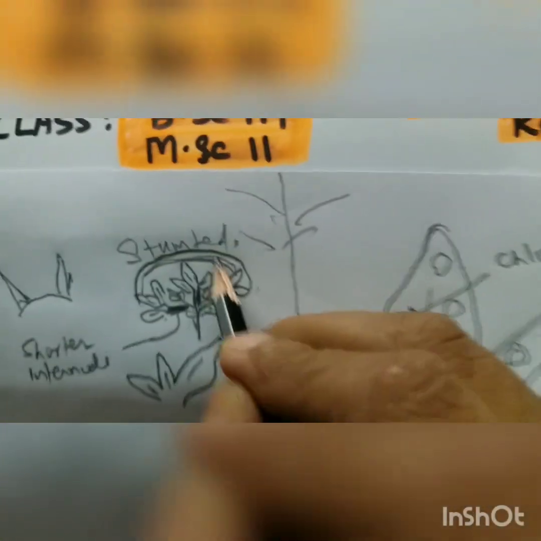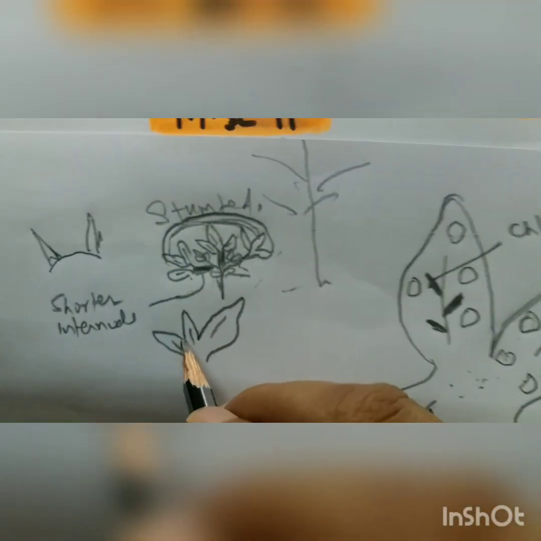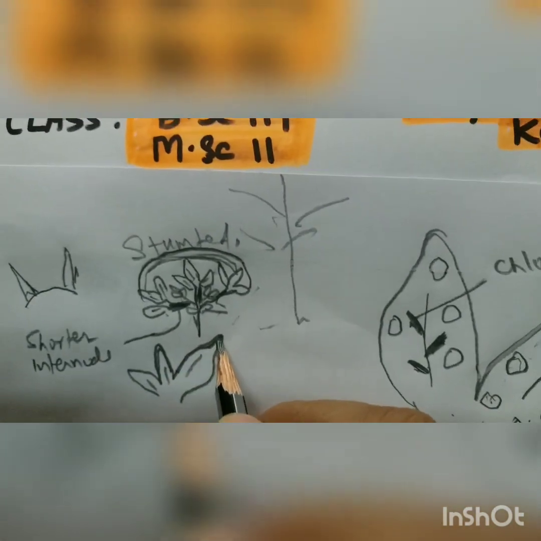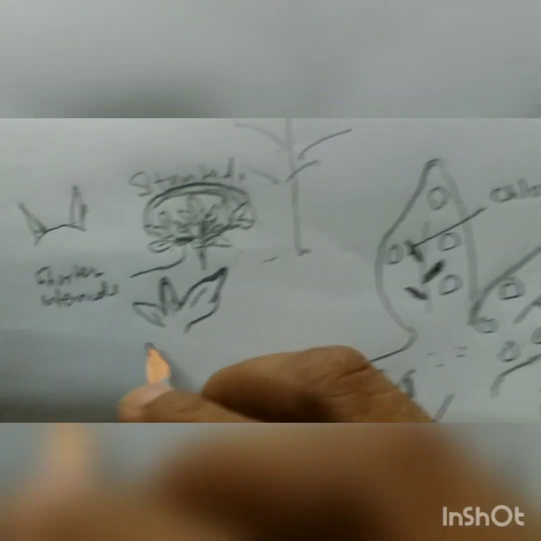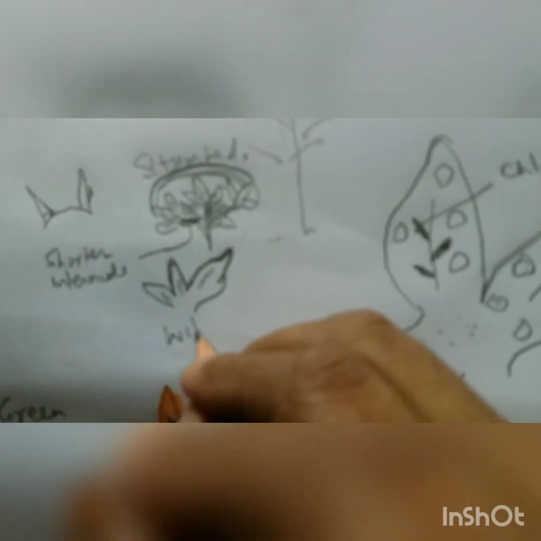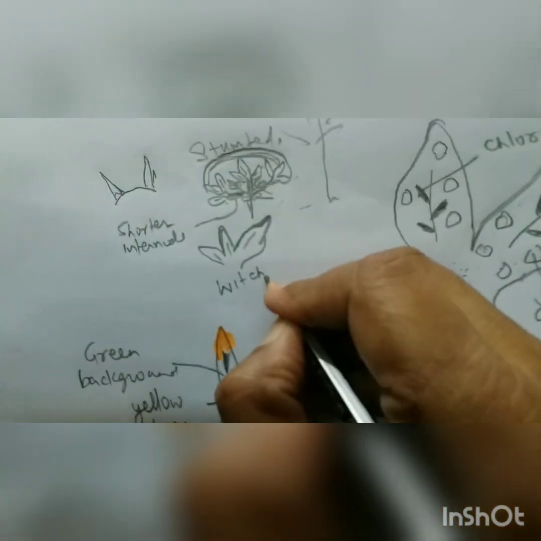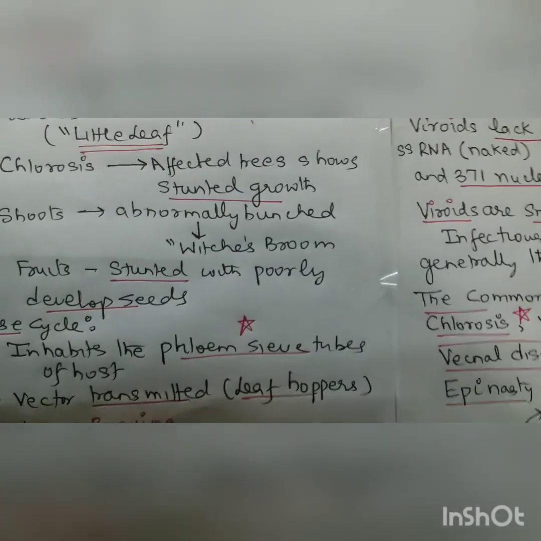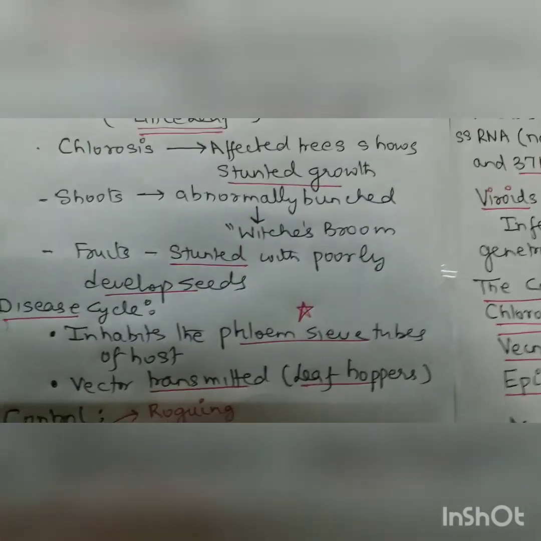And when they are bunched and the leaves are pointed, sometimes spindle shaped, they look like a witch's broom. So the shoots are abnormally bunched and they form a witch's broom.